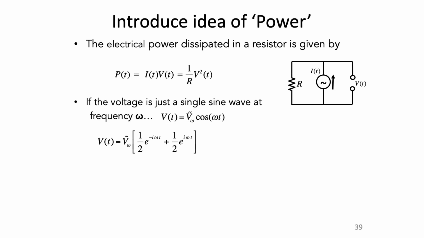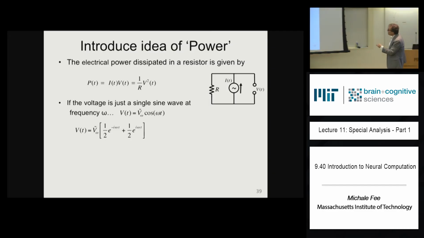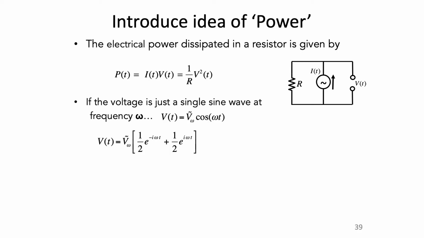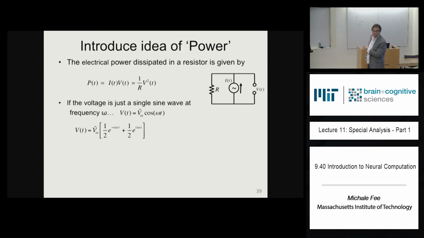So if the voltage is just a sine wave at frequency omega, then V is some coefficient, some amplitude at that frequency, times cosine omega t. Right? We can write that voltage using Euler's equation as 1/2 e to the minus i omega t plus 1/2 e to the plus i omega t.